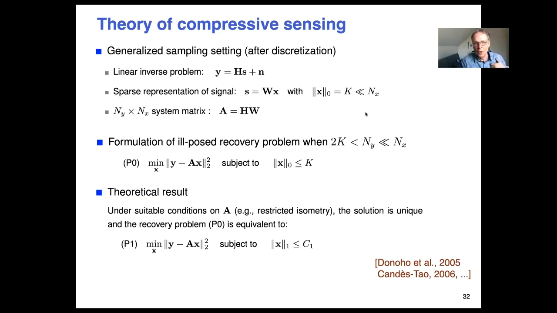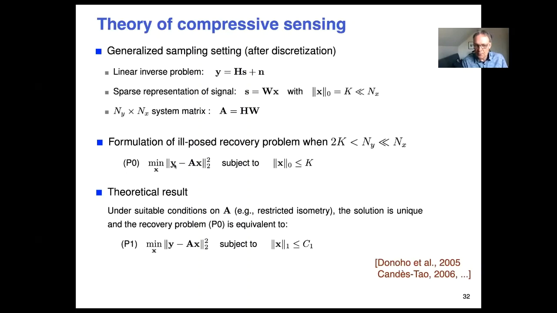So now when you just substitute this Wx for s here, you get an equivalent system matrix that is H followed by W, which would be the sparsifying transformation. And then once you've written it like that, you can specify the reconstruction problem, like producing something that is consistent.